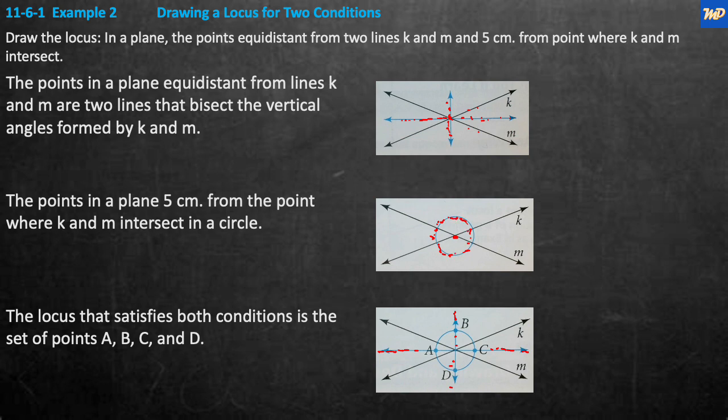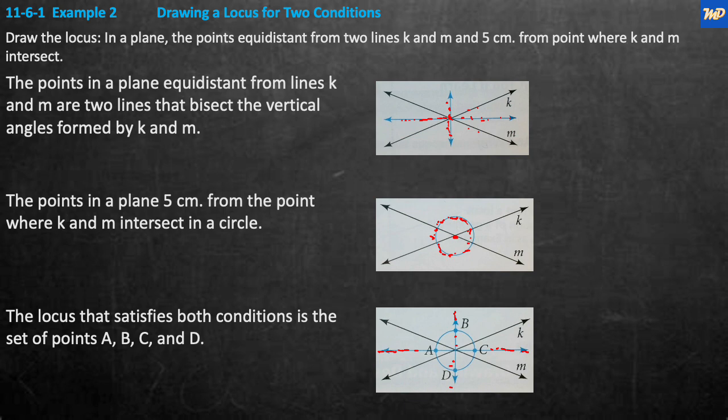Well, that satisfies that. These are two different conditions. If you put these conditions together, you get this drawing down here, which has the lines we were talking about, the bisecting lines, and the circle. But they want the points that satisfy both.